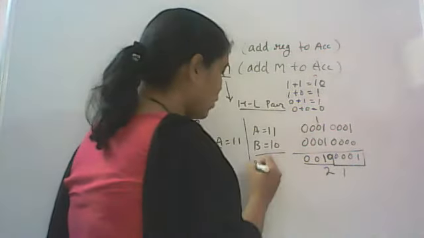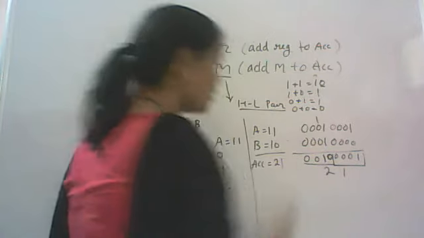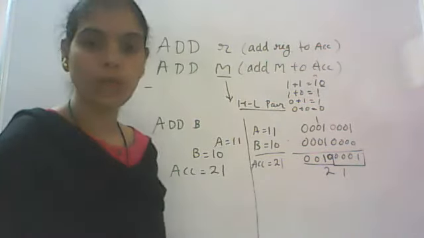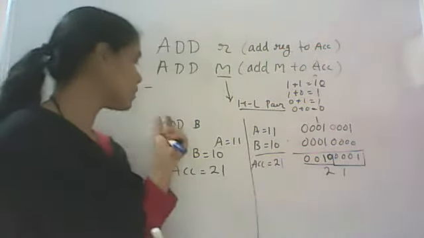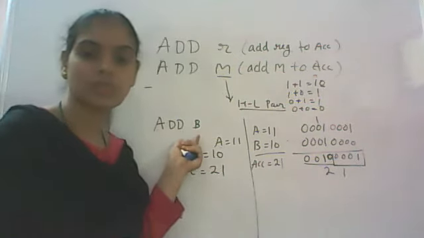So the accumulator contains 21 using this ADD instruction.